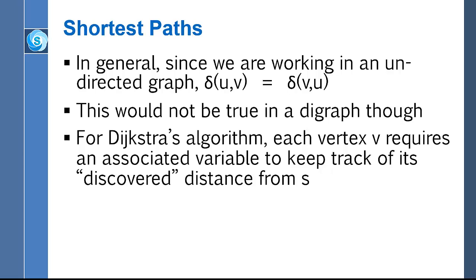So delta(S, v), what does delta(S, v) mean? It means the actual shortest distance from S to v, right? Among all the possible paths in the graph, we'd be thinking about the shortest possible path, and the length of that path would be delta(S, v).